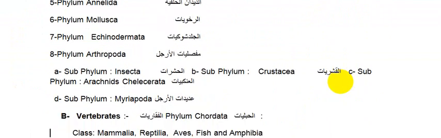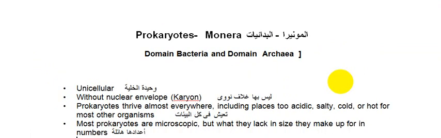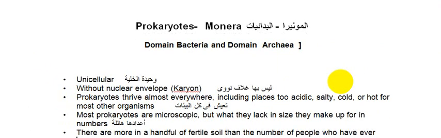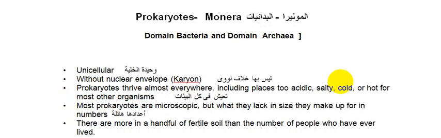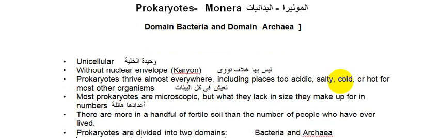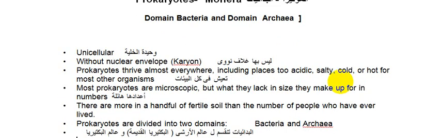The Monera are unicellular without a nuclear envelope. You can find them everywhere. Most of them inhabit different habitats and some may parasitize humans. Mostly they are microscopic, but they exist in very large numbers.